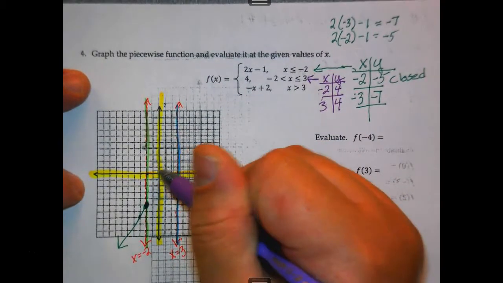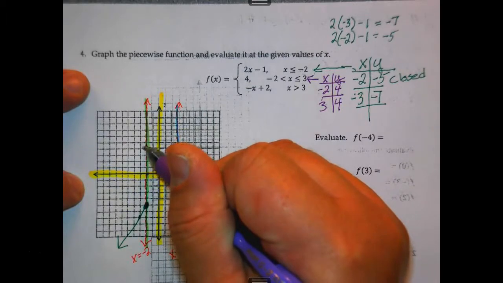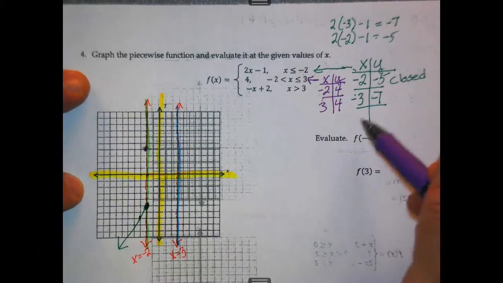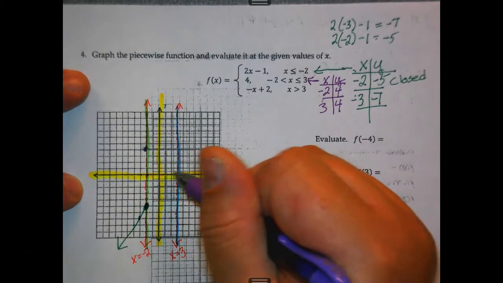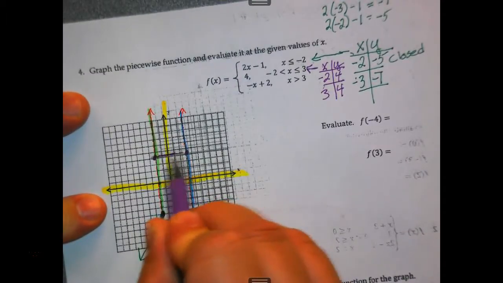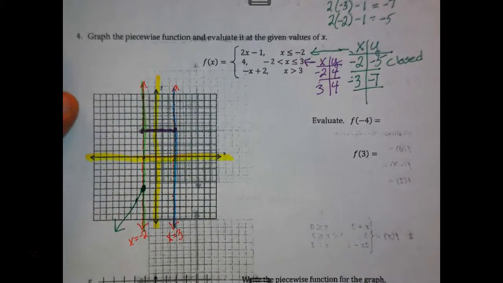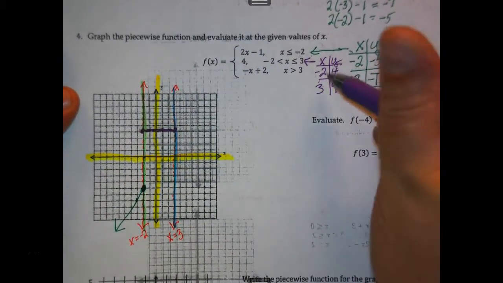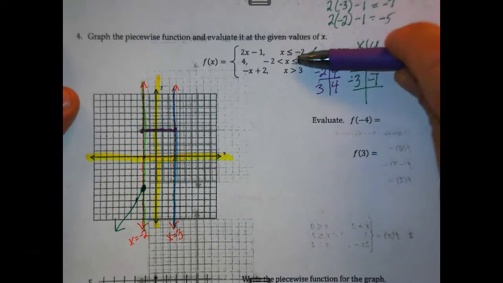-2, 4. Let's see, -2, 1, 2, 3, 4. And 3, 4. 1, 2, 3, 1, 2, 3, 4. So here's my line for that. Now, let's go back and figure out the open and closed circle. I'm just looking at the -2 here.